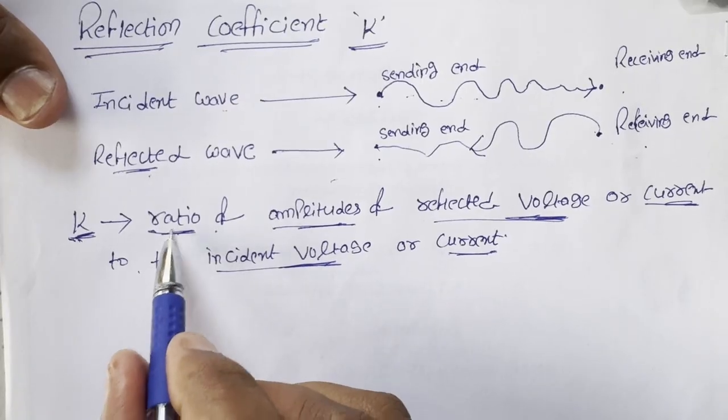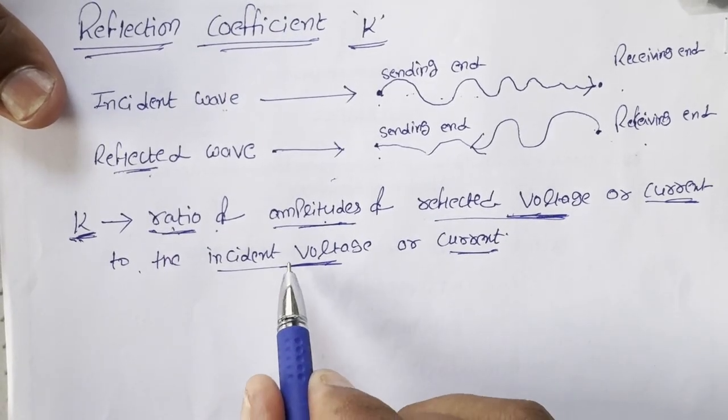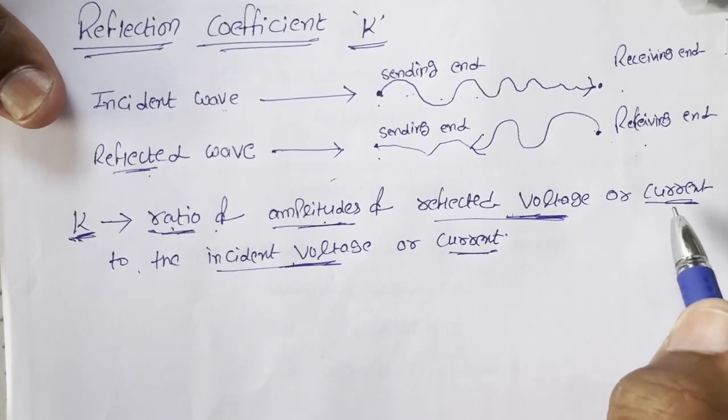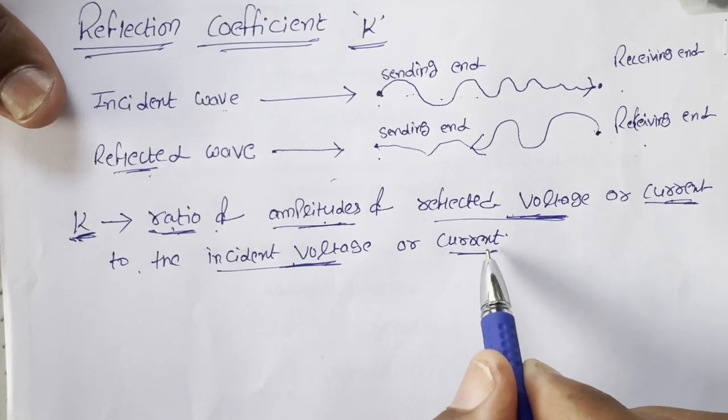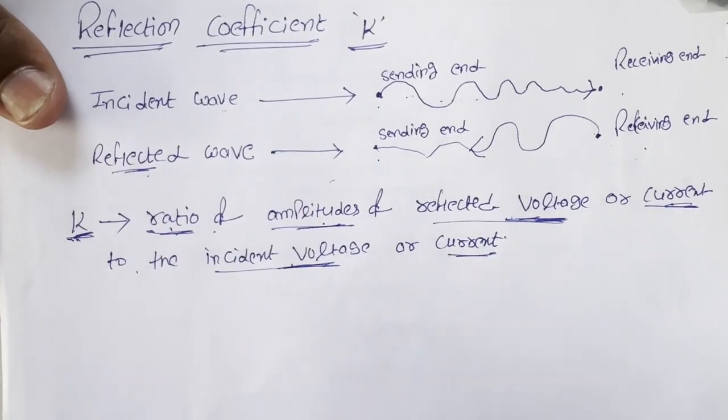That is, the ratio of amplitudes of reflected voltage to the incident voltage, or reflected current to the incident current. That is the formula for reflection coefficient K.